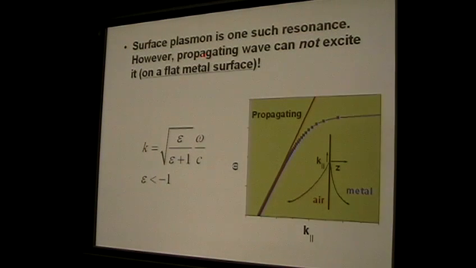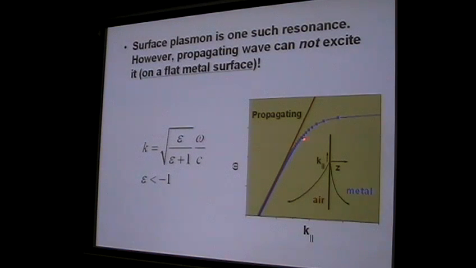So the surface plasmon is one such resonance. Unfortunately, the surface plasmon is not a good one, because if you look at the surface plasmon dispersion, you will find that a Brillouin wave can never excite a surface plasmon on a flat metal surface. Because a propagating wave is in this region, the maximum k vector is bounded by this line.